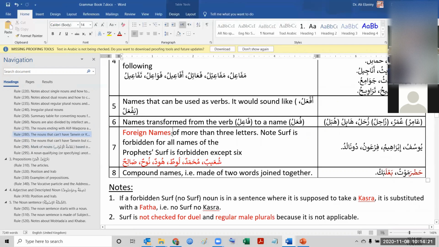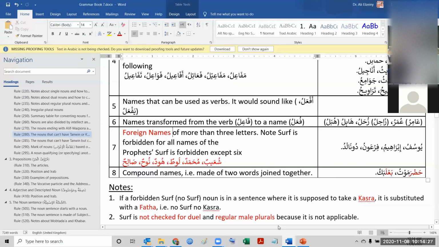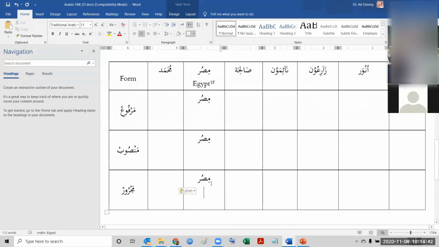So because it's a foreign name, we go back there. So we know that sarf is not allowed. We can't have sarf. Sarf is forbidden.